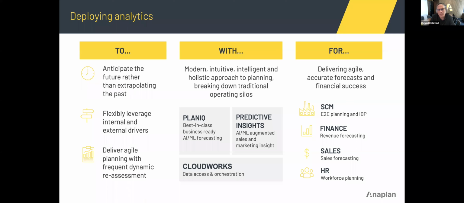That's where CloudWorks allows you to easily connect to those data stores and connect to those external algorithms and bring them into your overall planning solution.